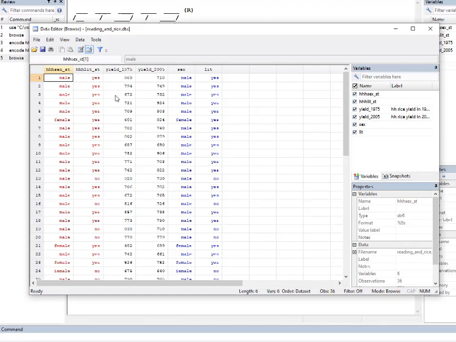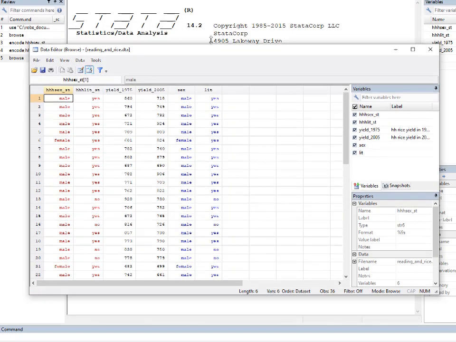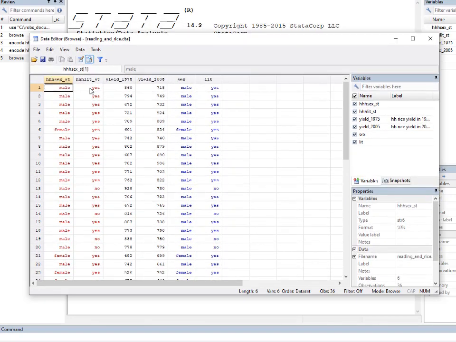So it's duplicated the variables, but they're not actually the same, because these red ones are string variables. Now these blue ones here are long, a whole number of variables. So you see where it says male, in actual fact that contains the number 2, female contains the number 1. So it's automatically coded the categories, which is so useful.